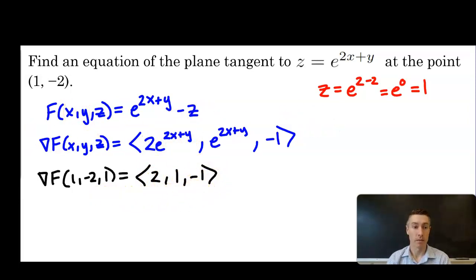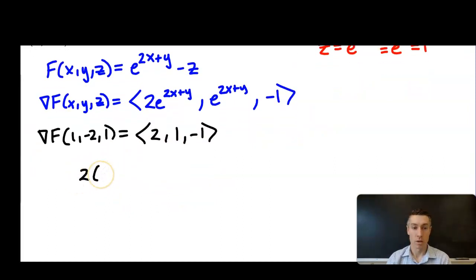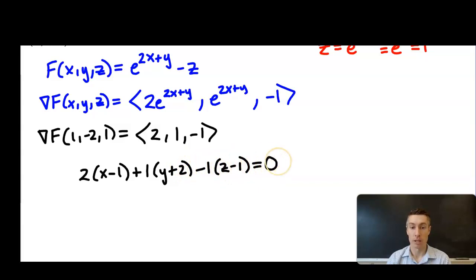We have our point. So 2 times (x minus 1) plus 1 times (y plus 2) minus 1 times (z minus 1) equals 0. So 2x minus 2 plus y plus 2 minus z plus 1 equals 0.